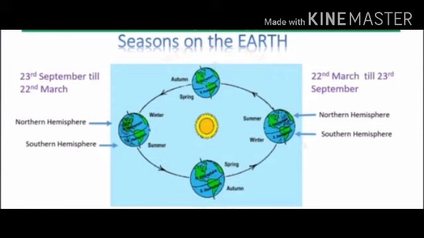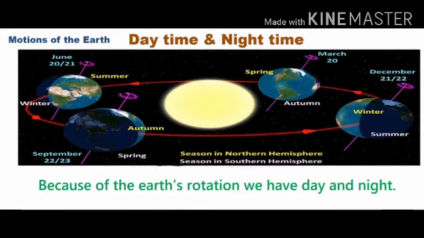So as the earth moves around the sun, it does not get light in equal proportion. So therefore, the daytime and the nighttime are not equal. Now let me elaborate this diagram and show you.